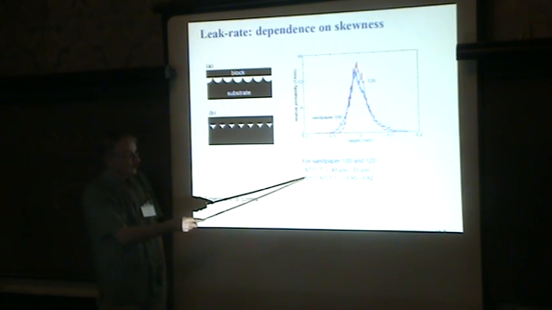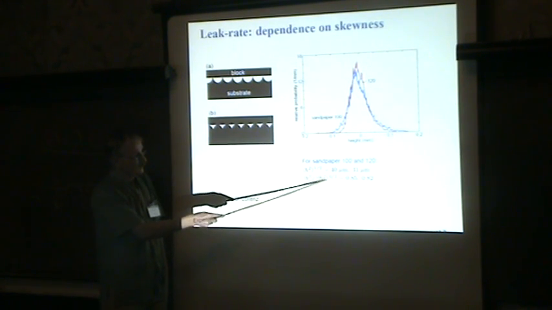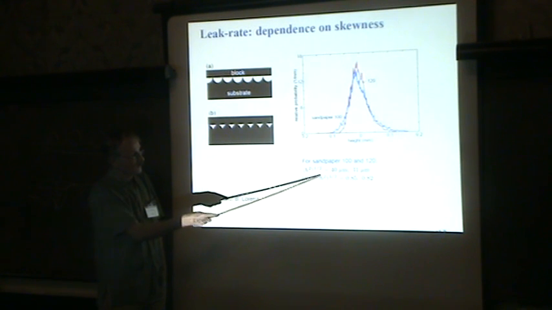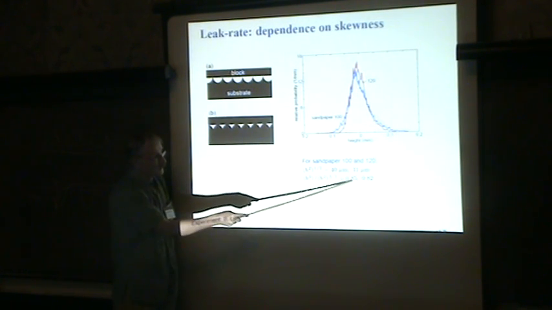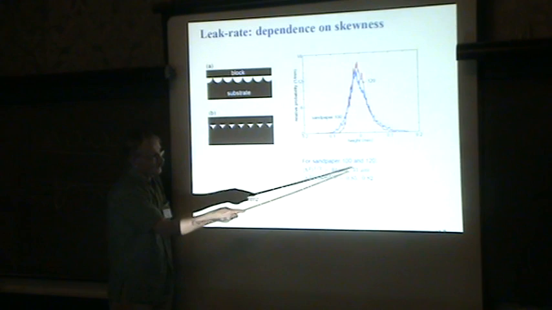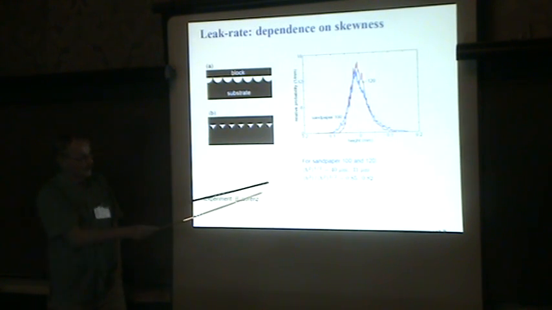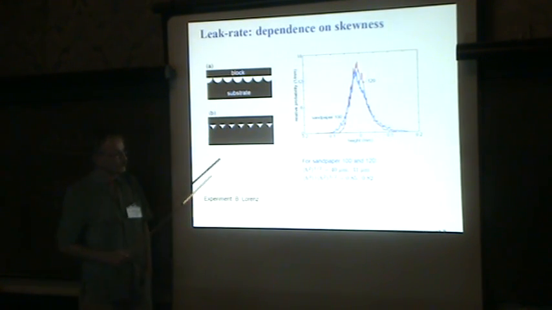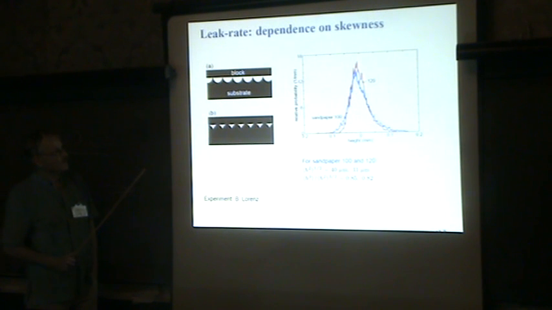And this skewness, which is defined by a moment of the height profile like this, for this sandpaper is almost a quarter of 1. For a Gaussian surface, this will be equal to 0. So in principle, we cannot strictly apply our theory to this kind of system, but I will tell you that we can do it in an approximate way.